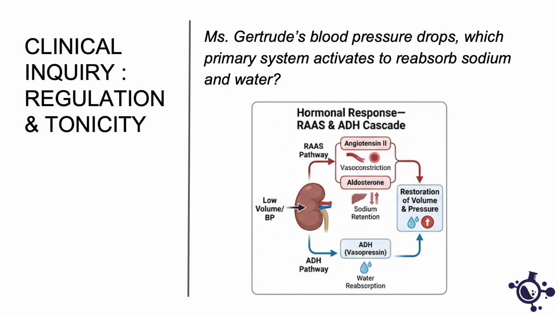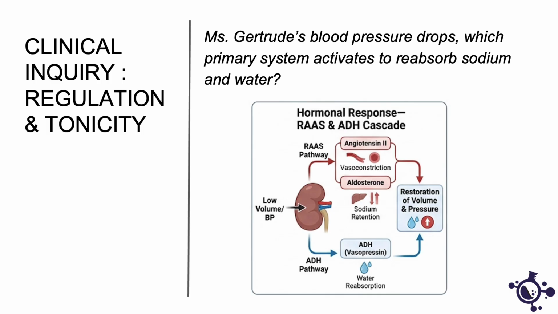Like I said, the kidneys would sense that the volume is low or the BP is low. The RAAS pathway, or the renin, angiotensin, aldosterone system pathway, will be activated. Renin will be released by the kidneys, and then converted into angiotensin 1 and then angiotensin 2, which is a potent vasoconstrictor, which will hopefully help to increase the blood pressure.